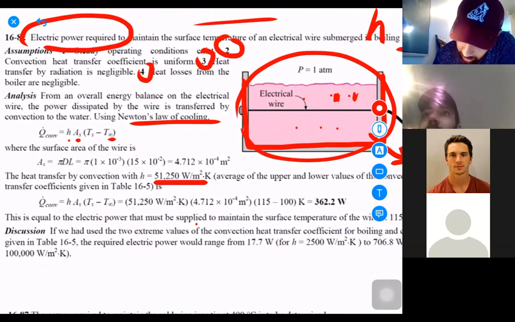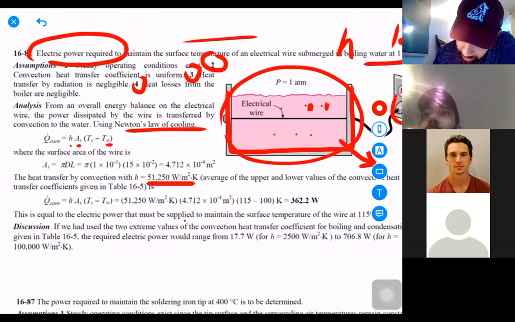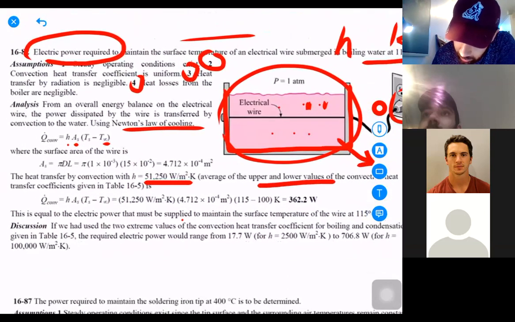It is coming from the average of the upper and lower values for the convection heat transfer coefficients given in table 16.5. It is really important here, because the most challenging part in all of the questions for you is to read from the tables, because all of the equations and the other things are coming from your logic.